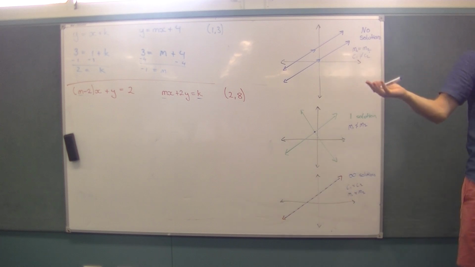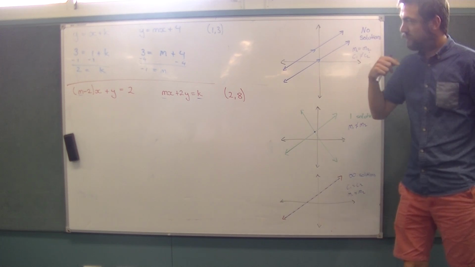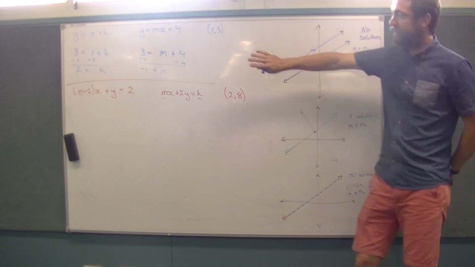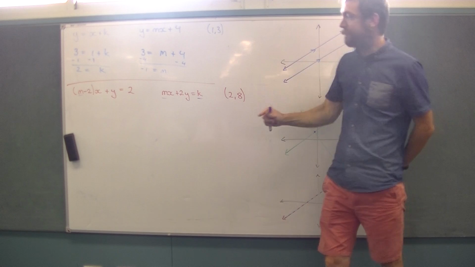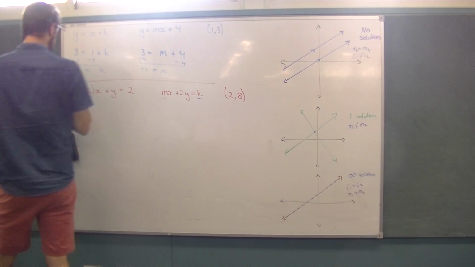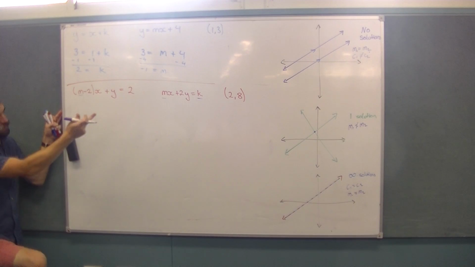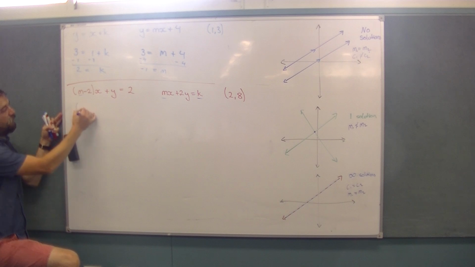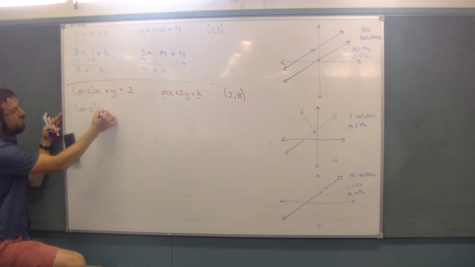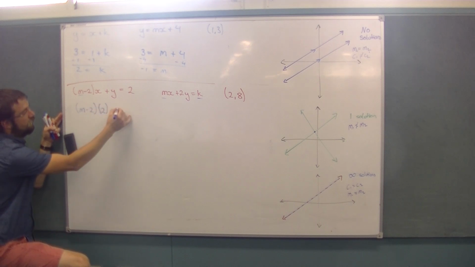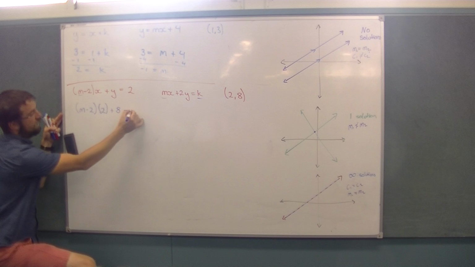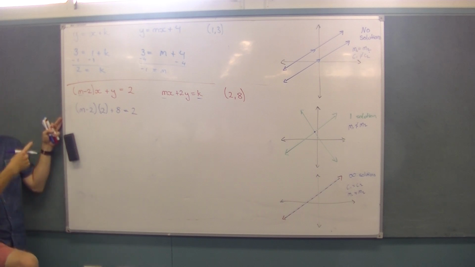So how are we going to do it? Go back to something like this. What was the first thing we did in this case? Substitute. What was the point that the line goes through? (2, 8). So I don't know what m is. There's my 8. No, that's my 2, isn't it? There's the 8. Double check that, is that right?